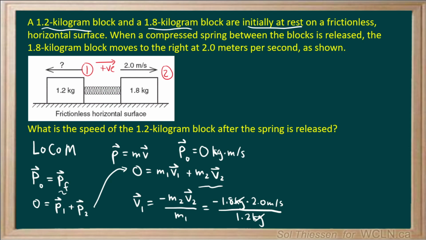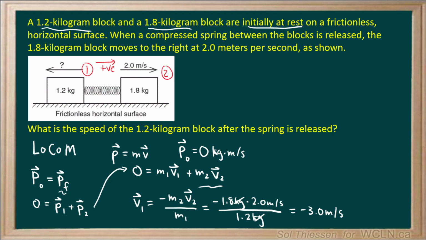These kilogram units cancel, and we're left with units of meters per second, which makes sense because we're looking for a velocity. If you complete these operations, negative 1.8 times 2 divided by 1.2 gives us a final velocity of negative 3 meters per second.